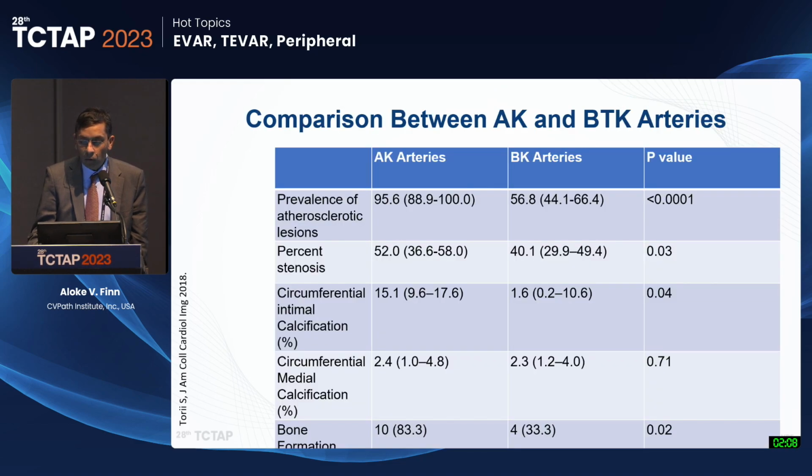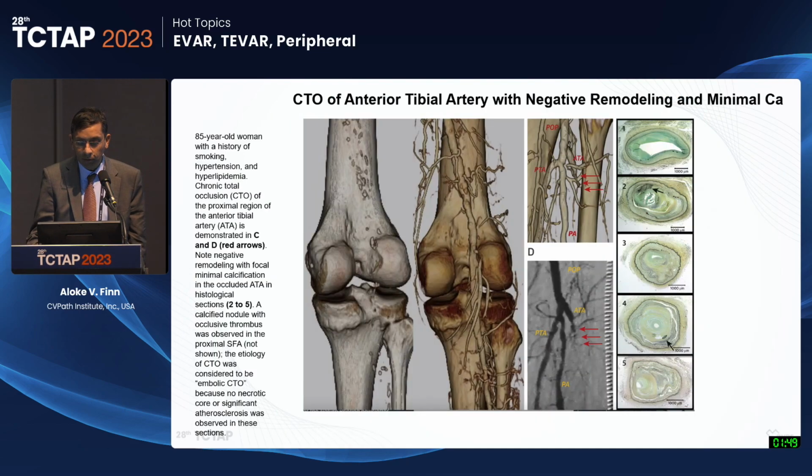This was similar to what we saw in our own study, where we saw more atherosclerotic lesions above the knee than below the knee. Stenosis was generally greater above the knee than below the knee. Intimal calcification was greater above the knee than below the knee, whereas medial calcification really was not different, and I'll go into a little more detail on that.